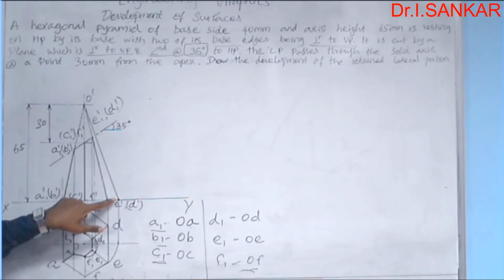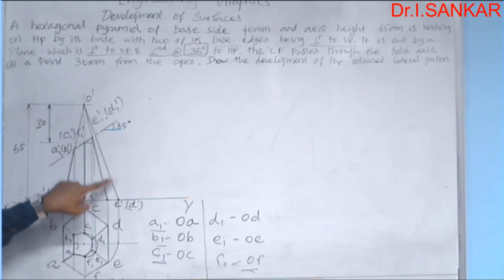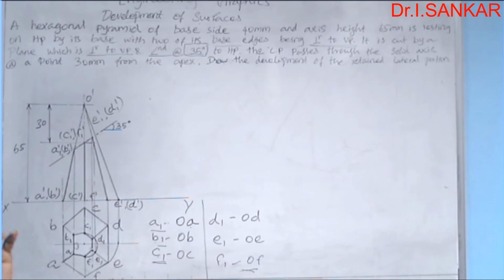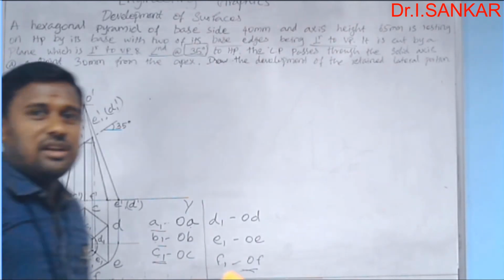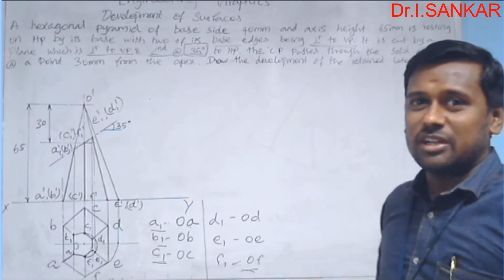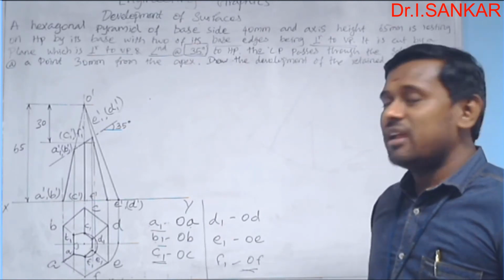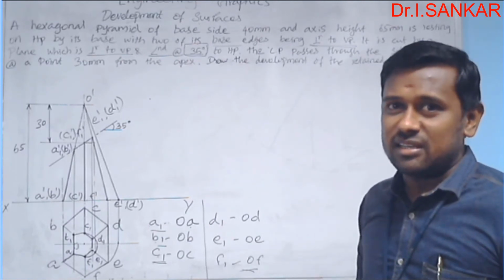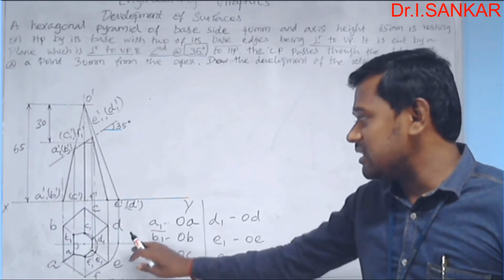This line will give you the actual length of the slant edge. And the technical background of this method is that we are artificially making a slant edge parallel to the XY line in the top view area.